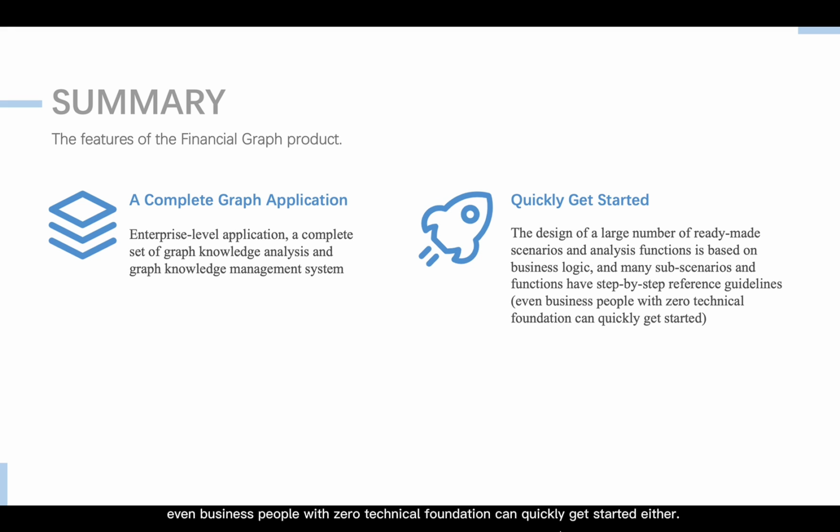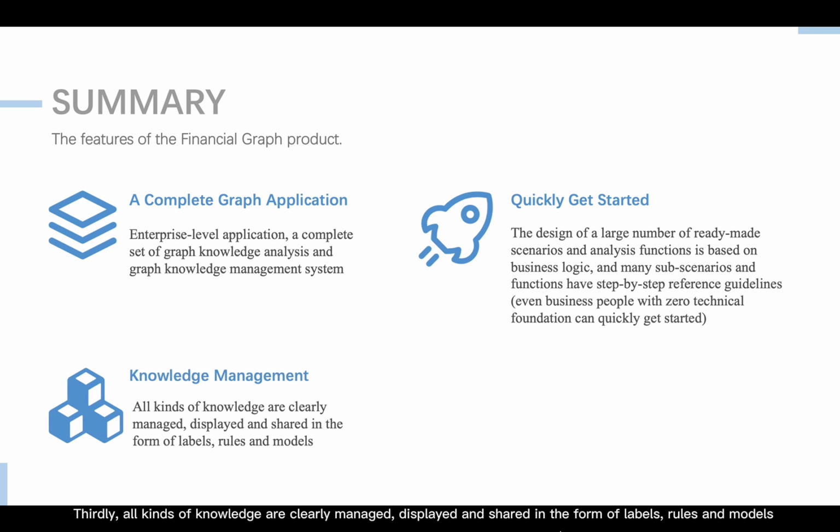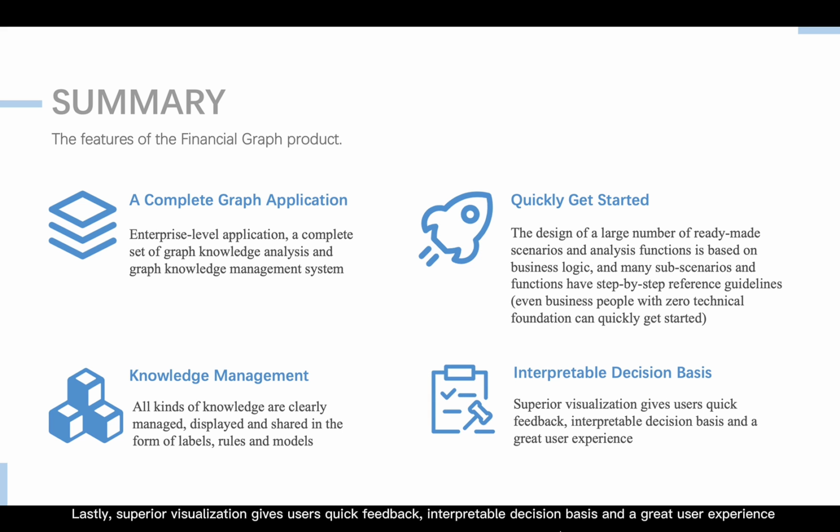Even business people with zero technical foundation can quickly get started with them. Thirdly, all kinds of knowledge are clearly managed, displayed, and shared in the form of labels, rules, and models. Lastly, superior visualization gives users quick feedback, interpretable decision basis, and a great user experience.